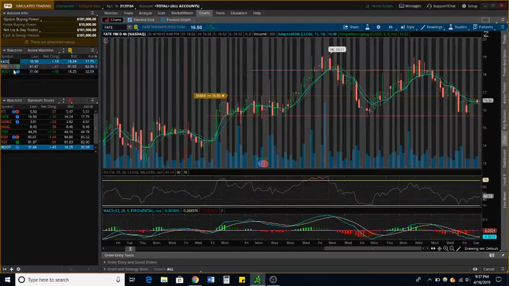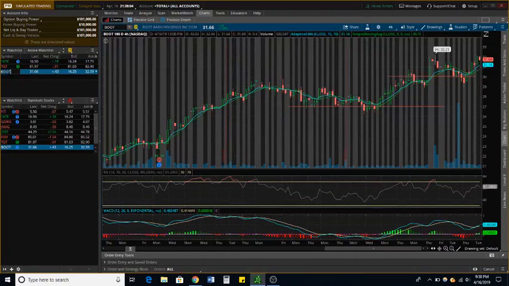For Fate, oh yeah, Fate still has to wait for the confirmation above the EMA. So I'm not sure. But Boot also has this very nice upward pattern where there's no clear resistance.